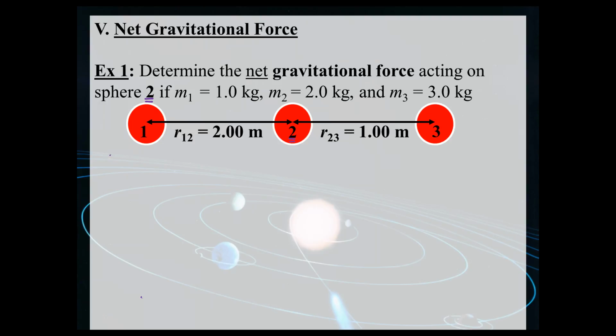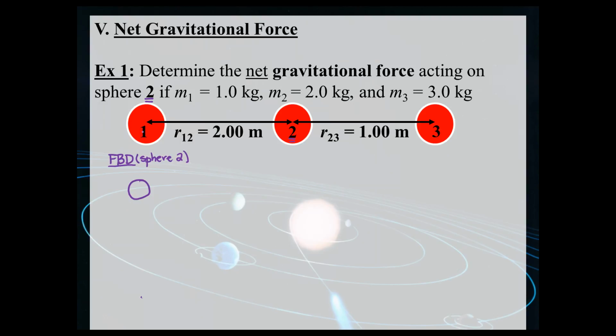So I'm going to start off by drawing a free body diagram of sphere 2. Now, what I want you to do for a moment is just pretend like sphere 3 does not exist. It's not part of the system. Only 2 and 1 exist. If I'm sphere 2, what kind of a force would I feel in relation to number 1?